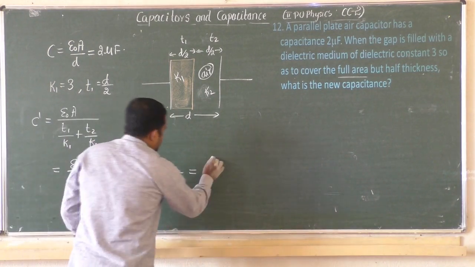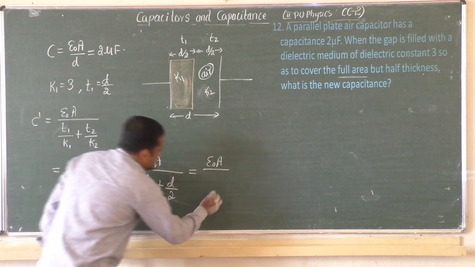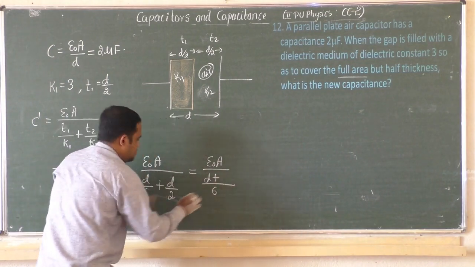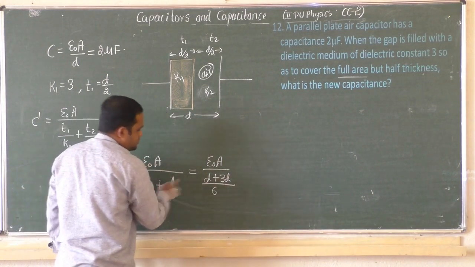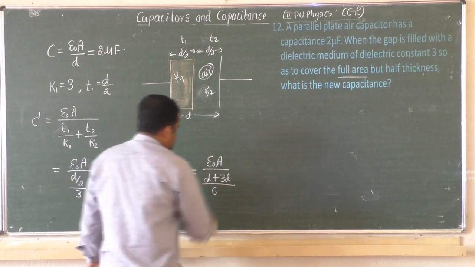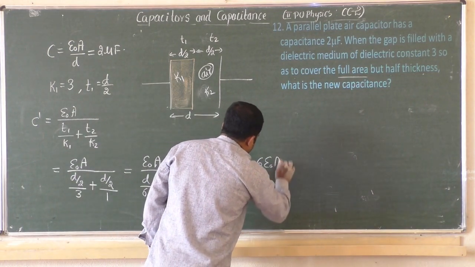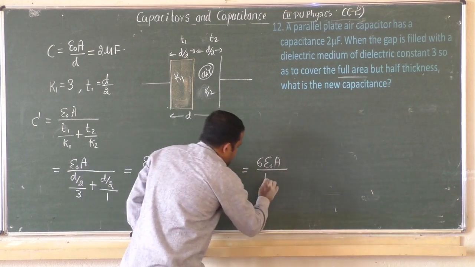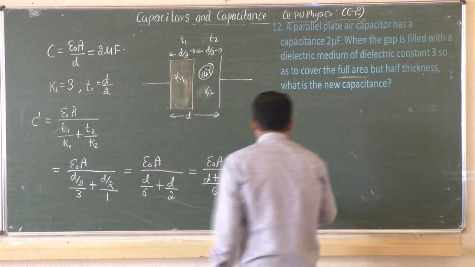So that is equal to epsilon naught A divided by, with 6 as the common denominator, D plus 3D over 6. This 6 comes up, so it is 6 epsilon naught A divided by D plus 3D, that is 4D.